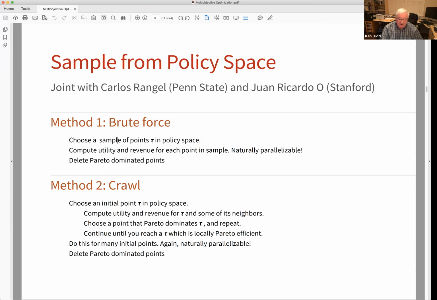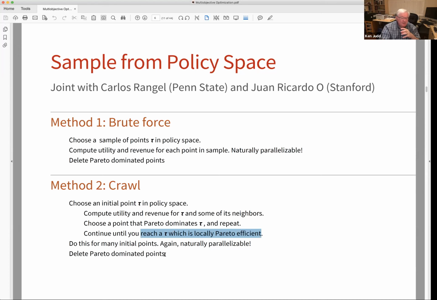Now, by the way, you will stop when you get to a point that is locally Pareto efficient. It may not be globally Pareto efficient, because it's basically saying, I'm at a point where none of its neighbors Pareto dominates it. Okay, that's a local thing.